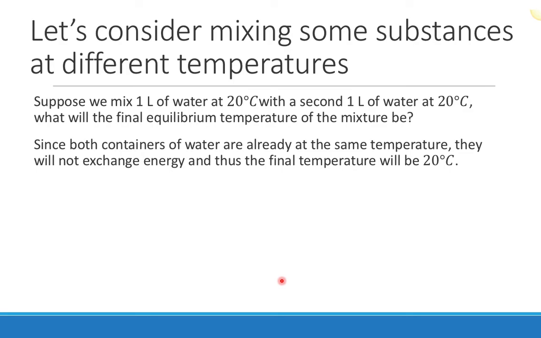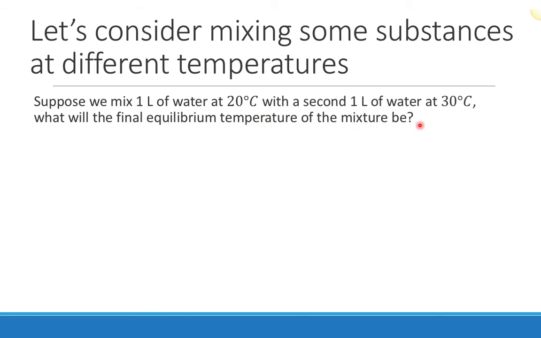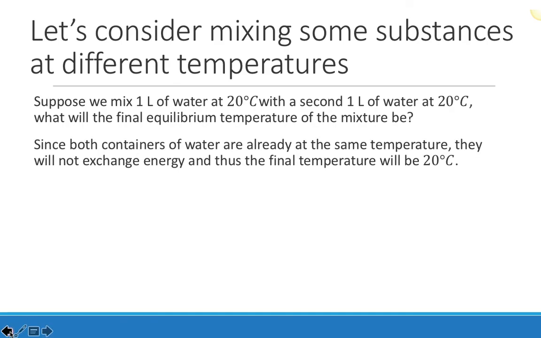So those were specific examples of just adding energy. Now let's think about mixing substances together. Suppose we mix 1 liter of water at 20 degrees Celsius with a second 1 liter of water at 20 degrees Celsius. What will the final equilibrium temperature of the mixture be? Since both containers of water are already at the same temperature, they're not going to exchange any energy.